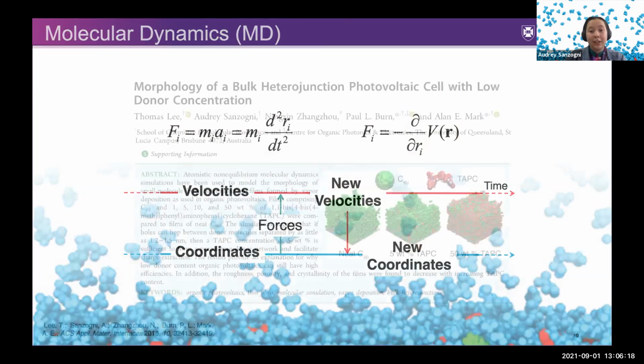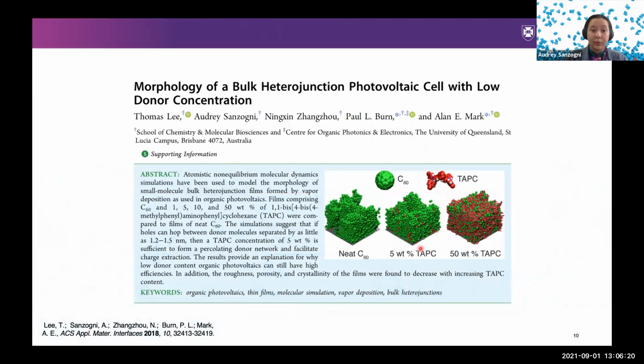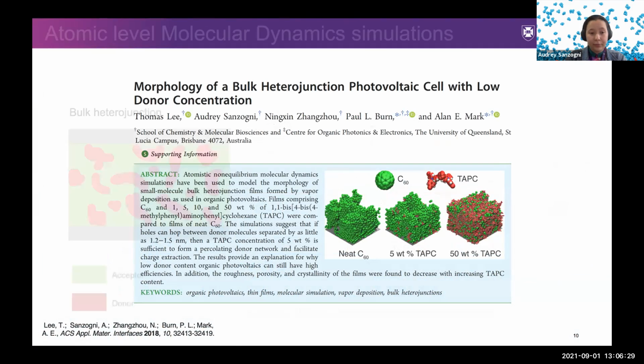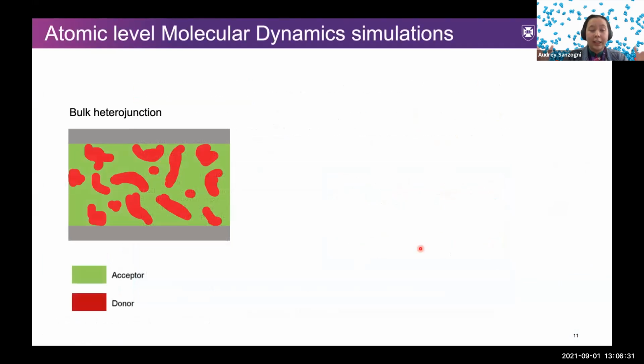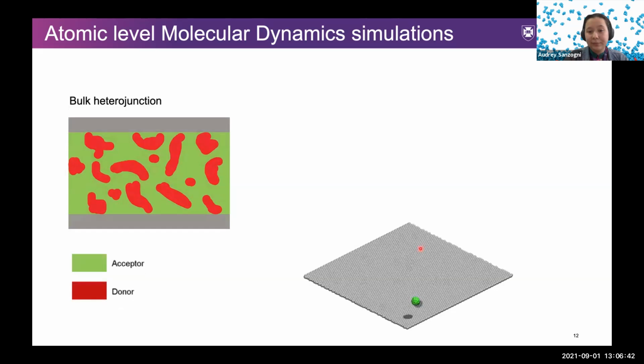And one of the first systems I was involved in modeling was the vacuum deposition of a bulk heterojunction with a low donor concentration. We have this image in our head of what a bulk heterojunction normally looks like, with clearly defined domains of acceptor and donor material. But that might not necessarily be the case.